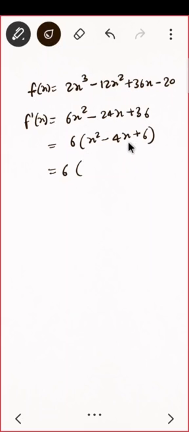Hello, can you hear me? So now we have to find a factor such that multiplication is 6 and this is 4. Oh, actually, did I tell you 12x square?